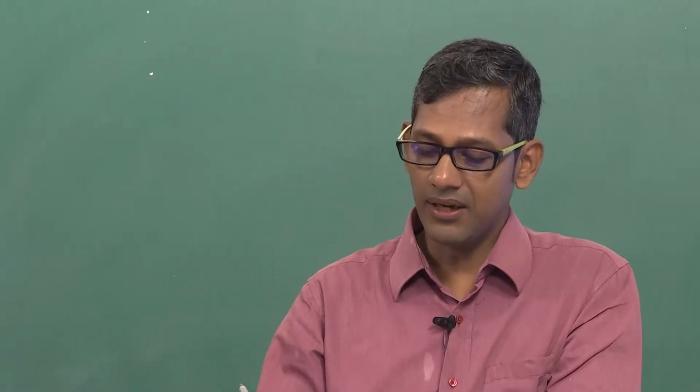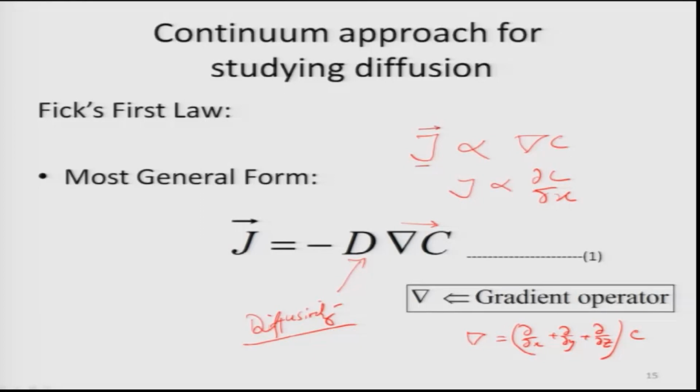Fick has given a law which describes the flux, or the matter passing through a surface per unit time per unit area, as proportional to the compositional gradient. So, that means if J is the flux, it is proportional to the compositional gradient in the system.